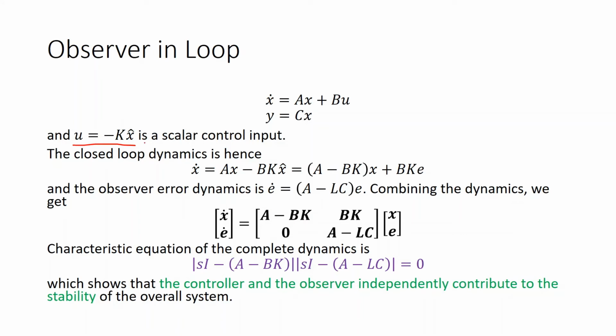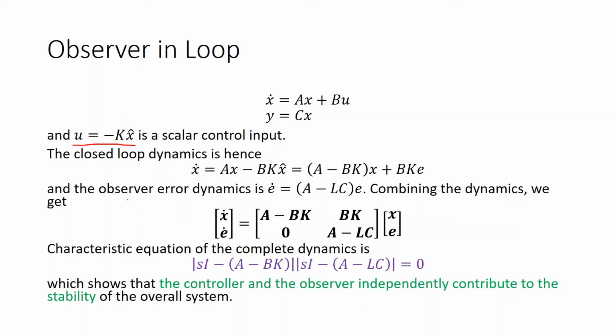So how do we prove it? We look at the closed loop dynamics, because we want to prove closed loop stability. We look at x dot equals Ax minus BK x hat now. This x hat is basically x minus e, and hence we get this equation.